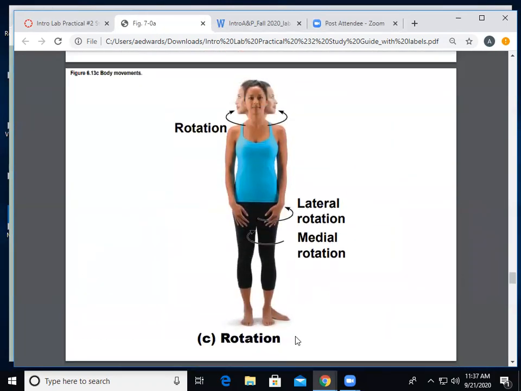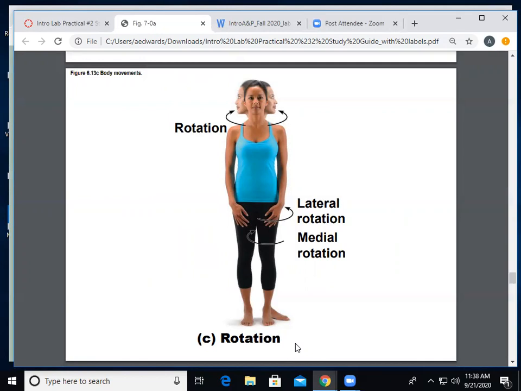All right, rotation. With some joints, you can do rotation. It's like your neck. If you turn your neck to the left or to the right, that's considered rotation. Now with your arms or your feet, if you turn your arms out so your palms are facing out, that's considered lateral rotation.